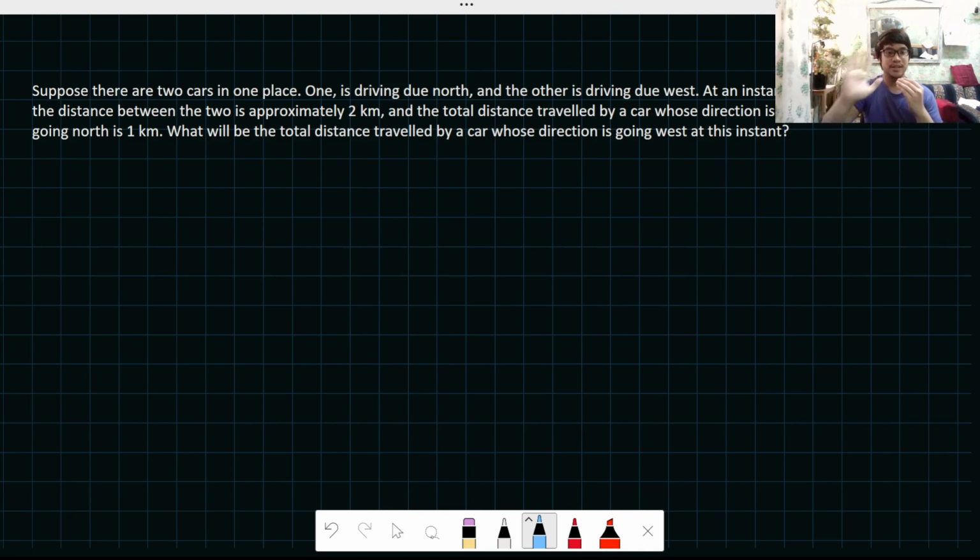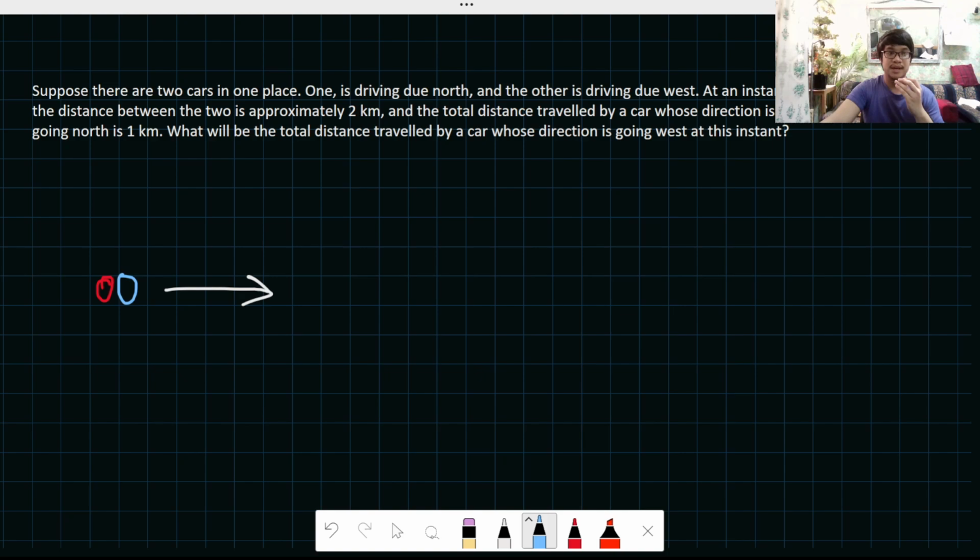So let's visualize the scenario first. Okay, so let this blue circle be the car that is driving due north. And we have a red circle, that's a car that's driving due west. So initially, they are in one place, okay? They're like that, in one place. Then, in the next scenario here, the blue circle is driving due north.